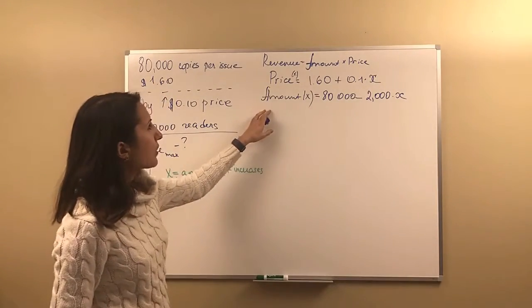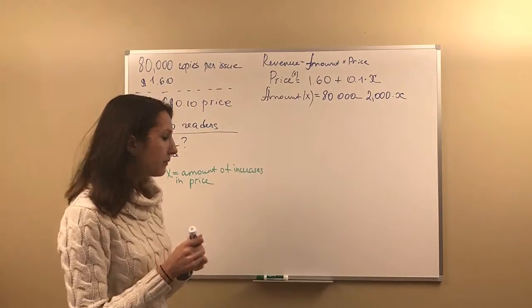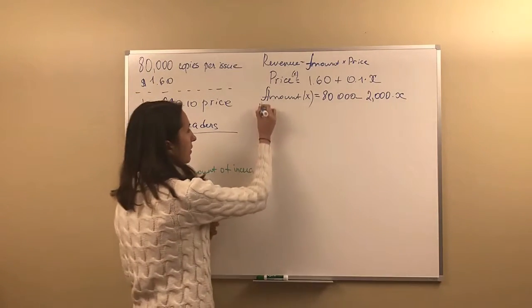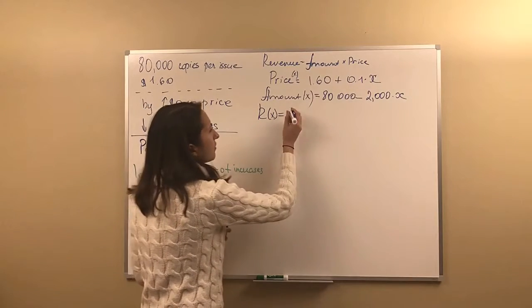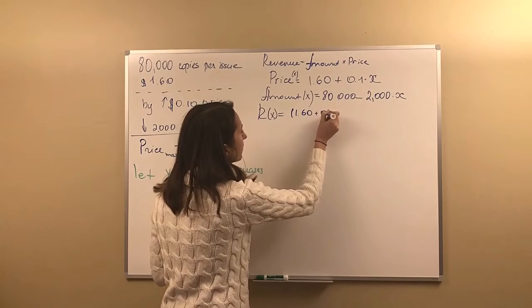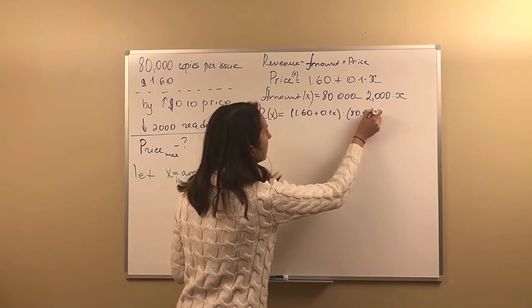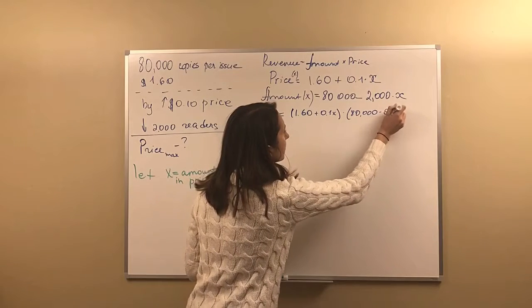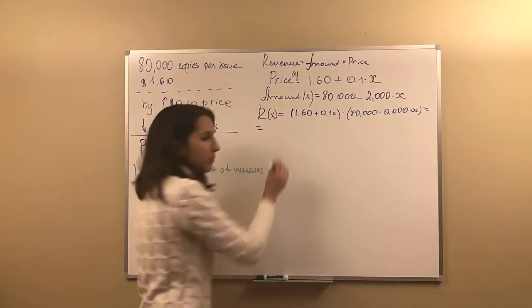Now, we already have our two components defined here, so we can go for our final equation of the revenue. I'll just put R of X, revenue, and we have these two equations here. So it's (1.60 plus 0.1x) times (80,000 minus 2,000x). We need to simplify the equation.